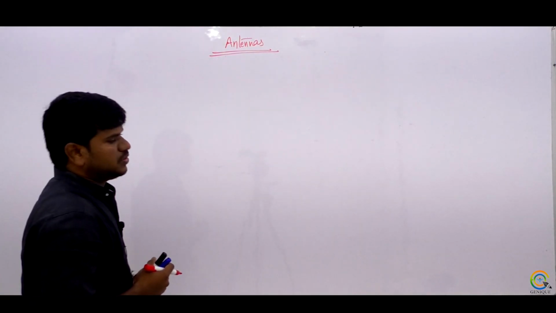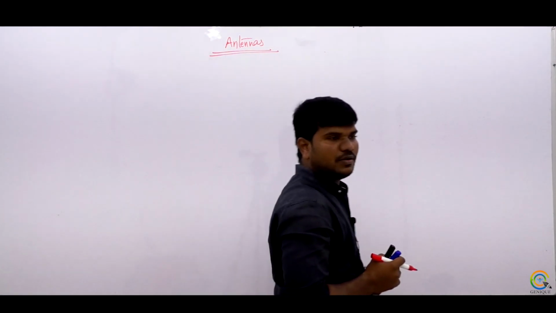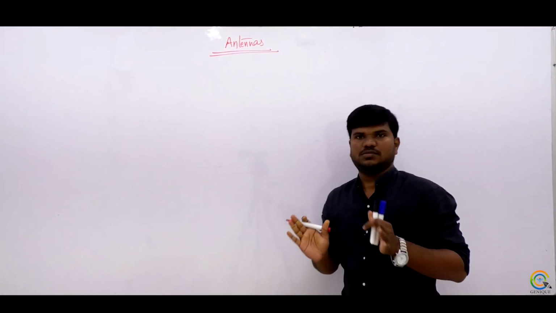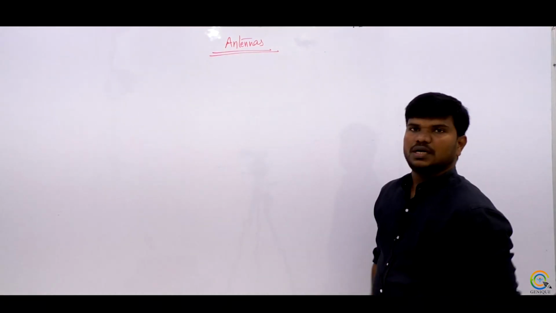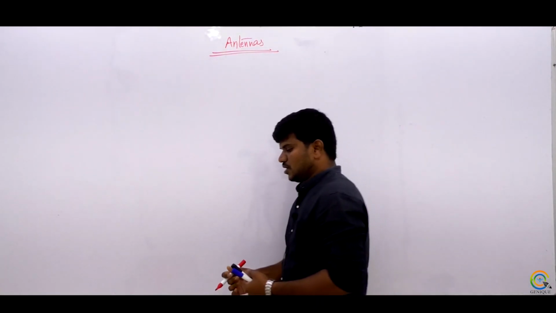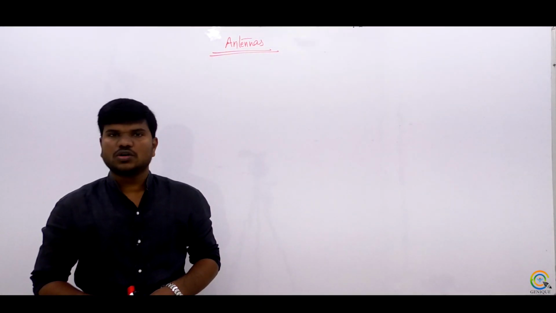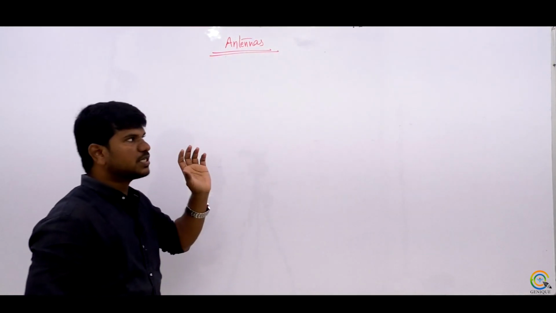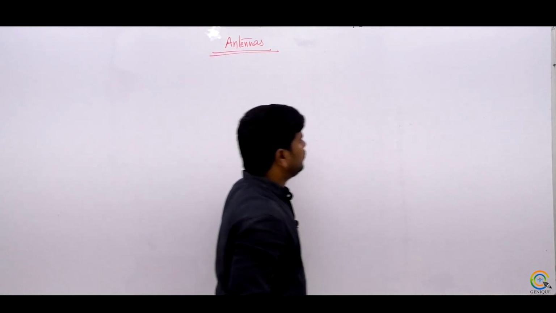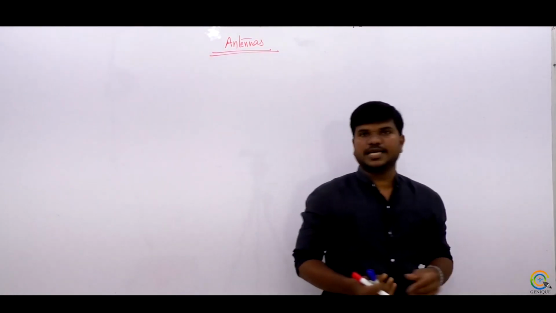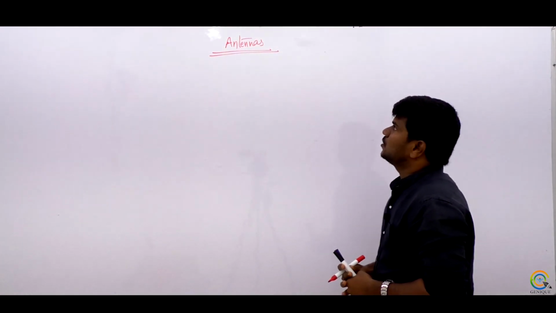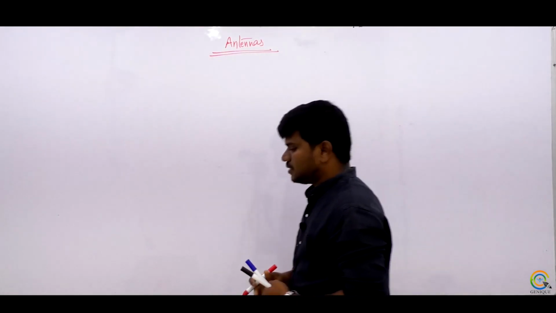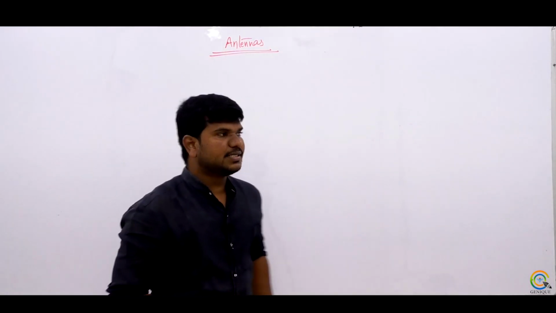The questions will be simple only if you know some of the concepts. So in these antennas we won't go through the entire discussion, we will discuss only those parts from which we will get the questions in the examinations. So today I want to discuss some of the antenna arrays.